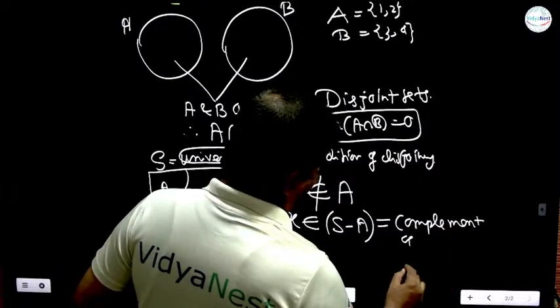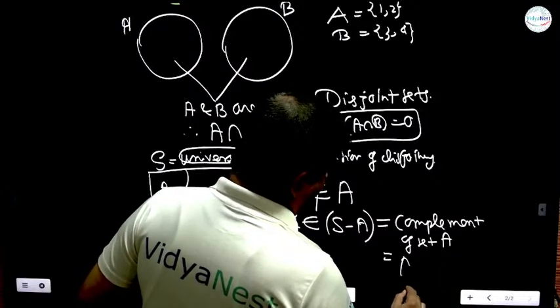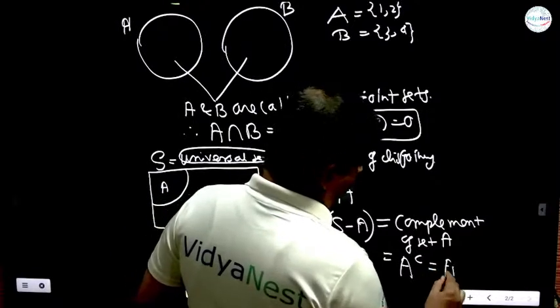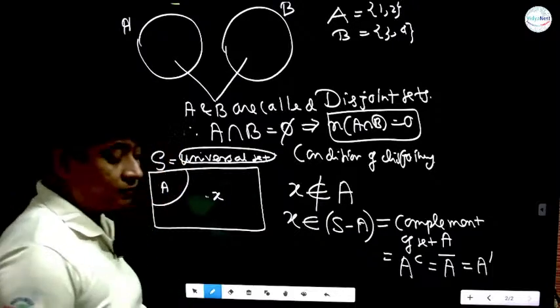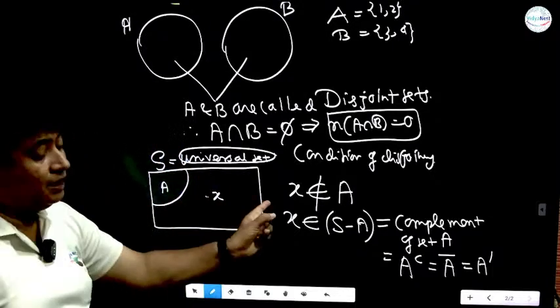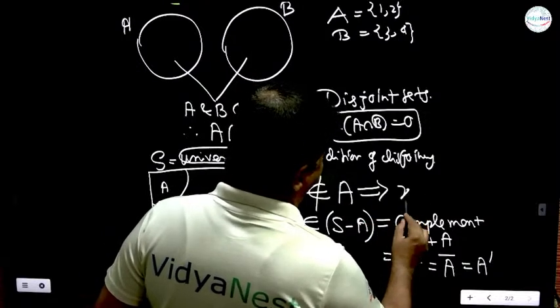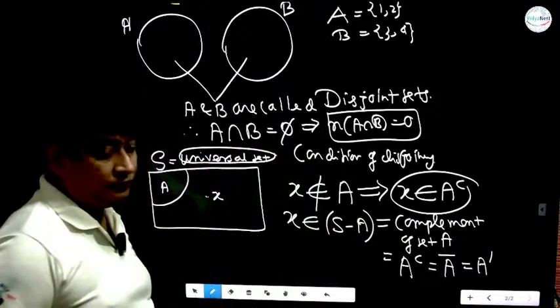Complement of set A will be denoted by either A superscript C, A bar on the top, or A dash. So any element that does not belong to A belongs to A complement.